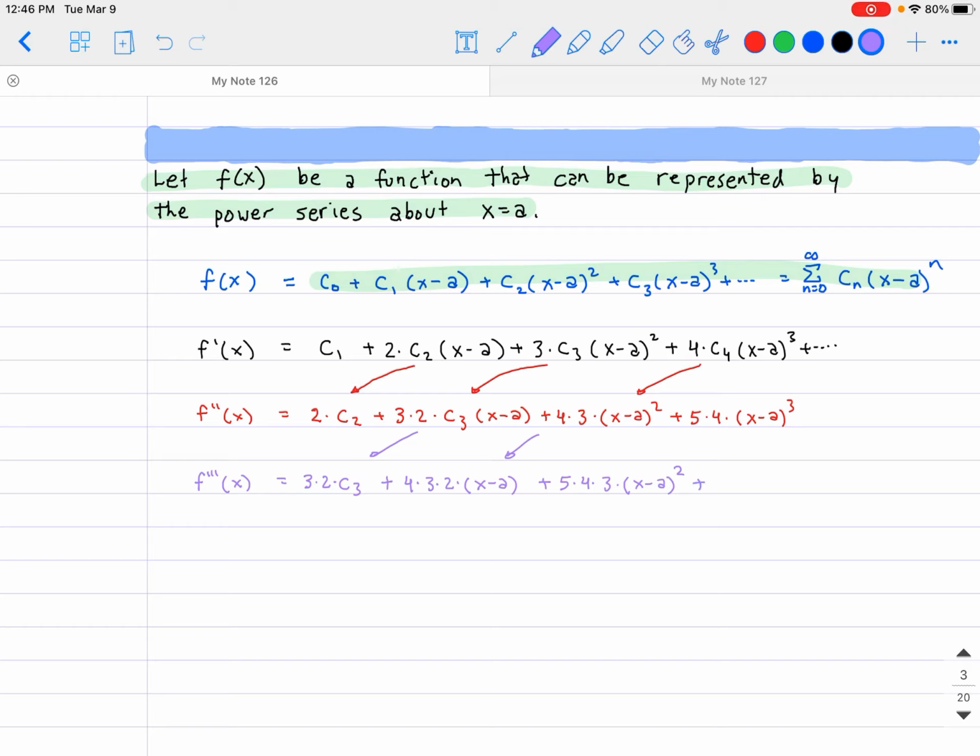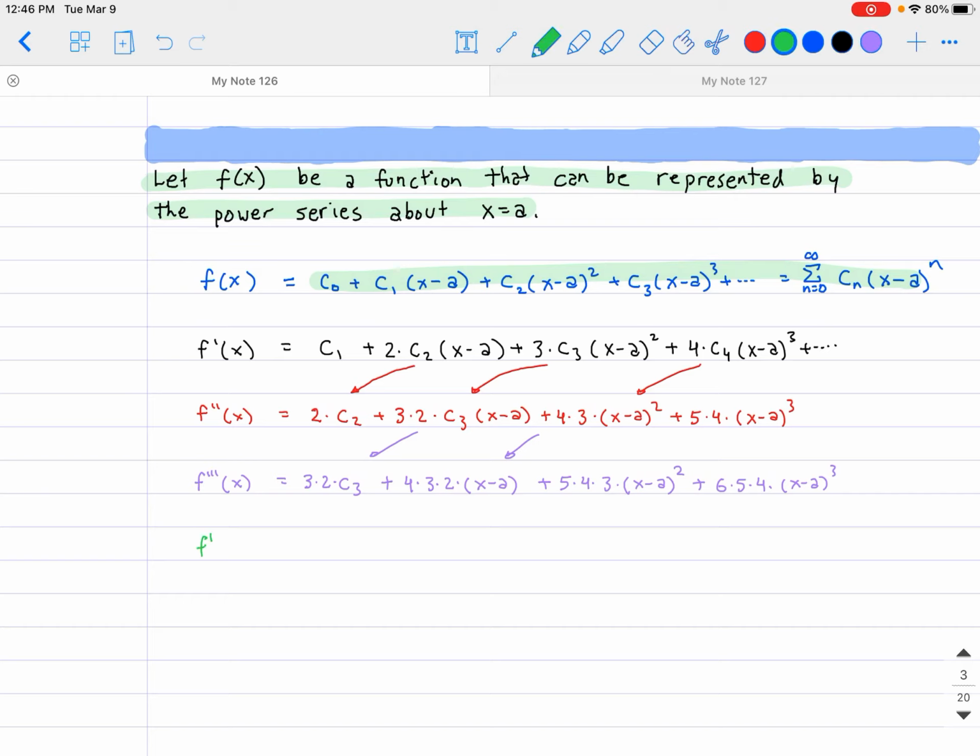And then the next one afterwards is probably going to be 6 times 5 times 4 multiplied by x minus a raised to the third power. So you can see that the power series is basically being diminished every single time. But because there are an infinite number of terms, we still preserve the exponents in this case.